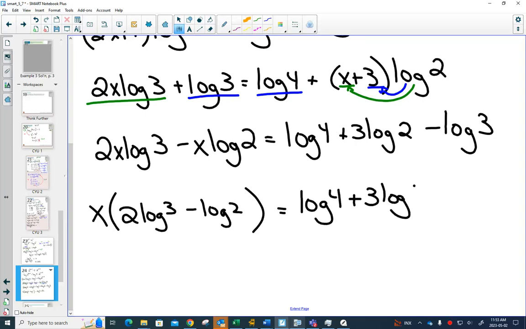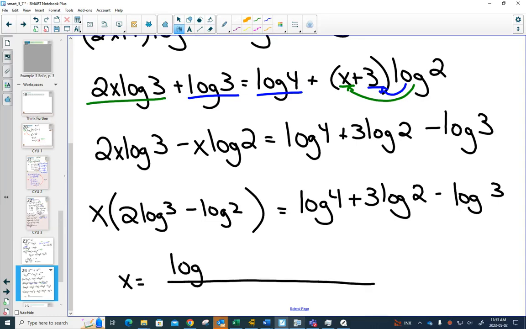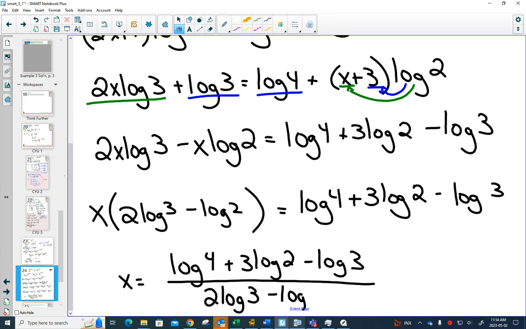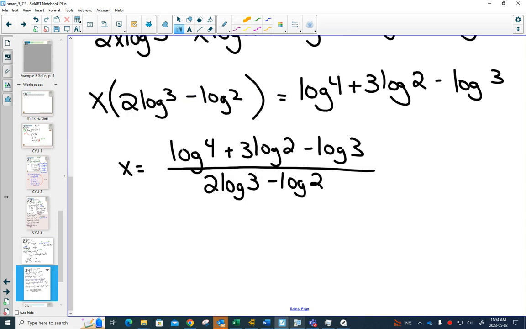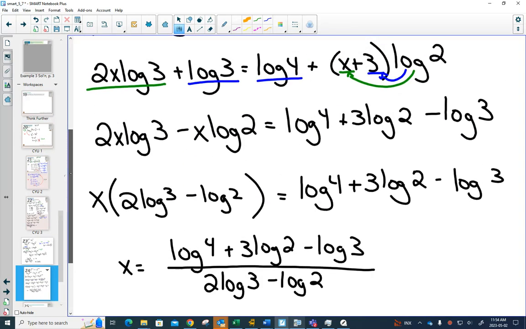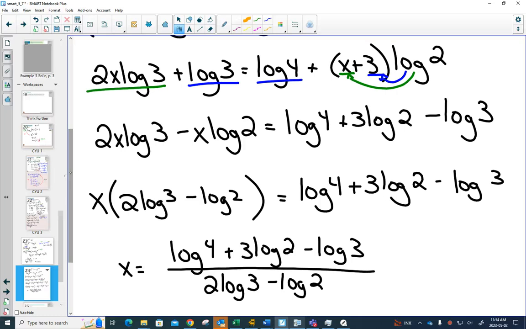At this moment, if we had chosen natural log, think of all the letters we would have saved. And now you can get x by itself. And we can type this into our calculator to get an answer.